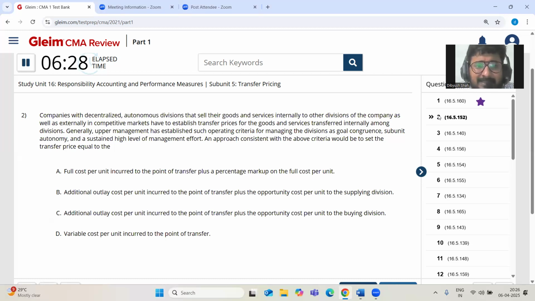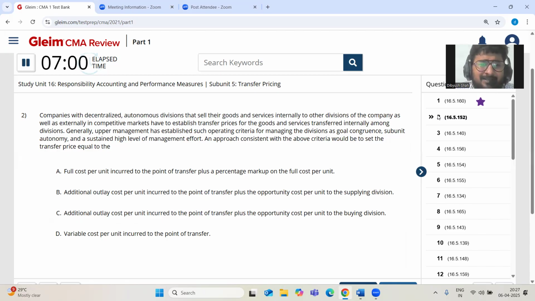Companies with decentralized autonomous divisions. So there are companies, decentralized autonomous divisions, and that is most common, where companies can make their own decisions, that sell their goods and services internally to other divisions of the company as well as externally in competitive markets, have to establish transfer prices for the goods and services transferred internally among divisions.